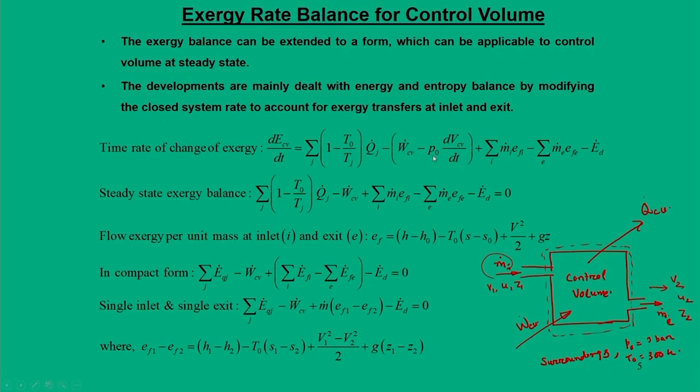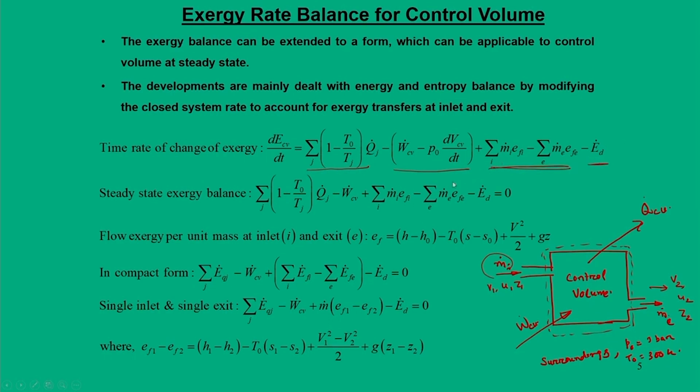Here also we will have another expression, because when there is a work transfer, there is another resistance to this work flow, that is from the surroundings or environment, and this particular term comes by virtue of the flow, and this E_d dot is the exergy destruction. So, the first term refers to heat, the second term refers to work, the third term refers to flow in or mass transfer into and out of the system, and the last term is the exergy destruction.